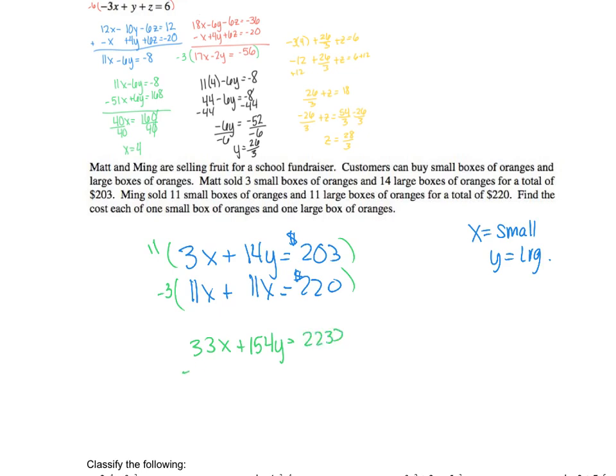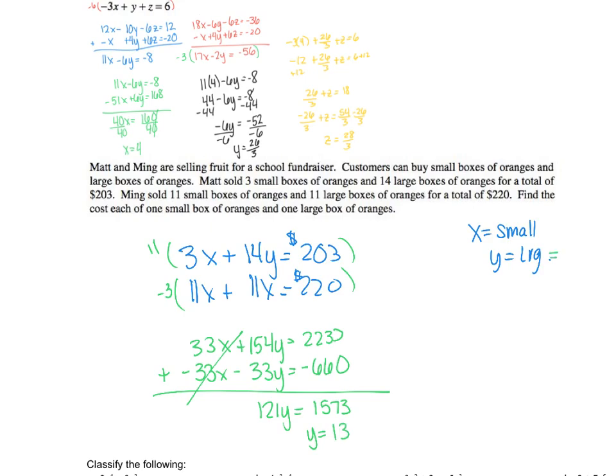All right, for the next one, it's -33x minus 33y equals -660. So we add that together. We get 121y equals 1573, and y equals 13.